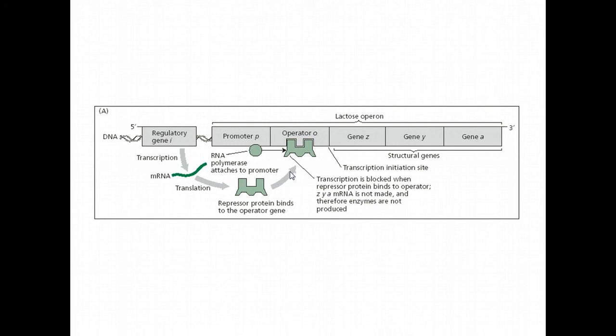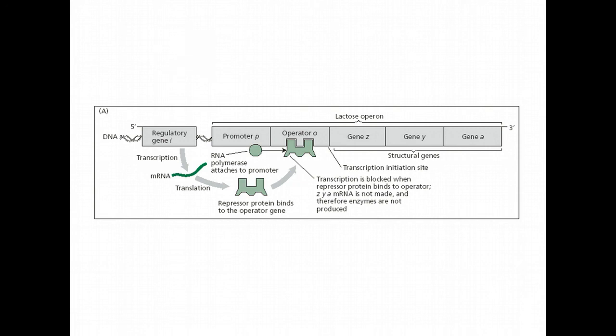And we have a lot of players in the system here. And we also have changes in the three-dimensional structure of things. We're going to start from the left, which is a regulatory gene, which can be anywhere.